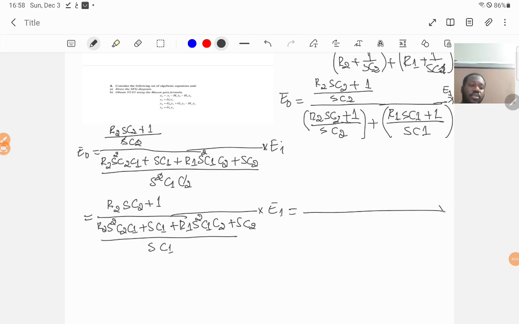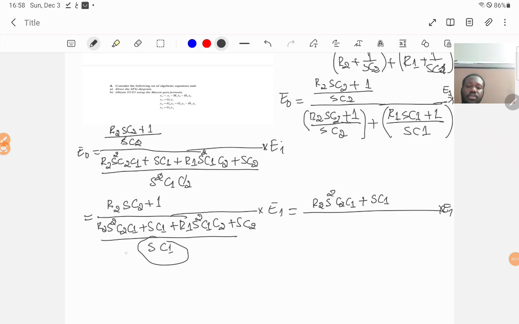So this one is multiplied by En. This amount will move to the denominator here, so we will have R2 S square C2 C1 plus S C1.